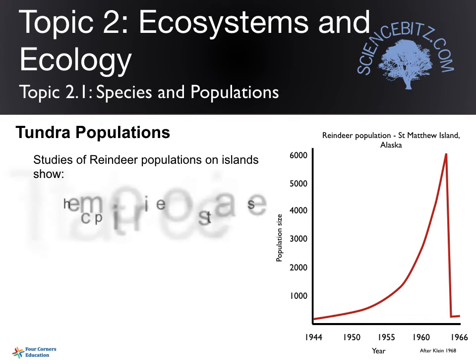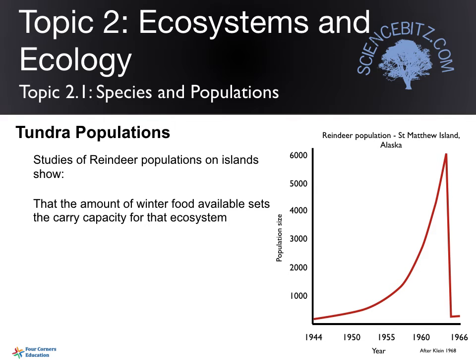What the research showed was that the amount of winter food available sets the carrying capacity for this ecosystem. There's enough food in the summer for the reindeer to survive, but during the winter, if food becomes limiting, then the population starves. The other thing with this population is there were no wolves on this island, so the population didn't have any predators acting as a control on their numbers. So initially the population grew very, very rapidly and eventually outstripped the ability of the environment to provide food.